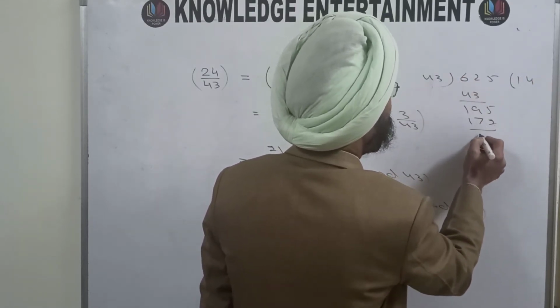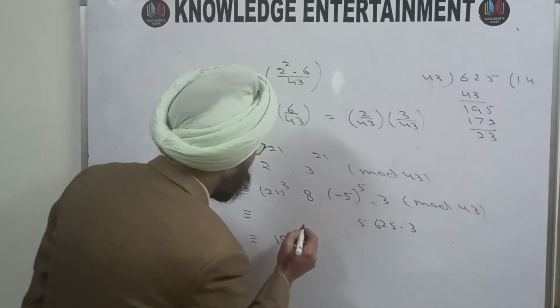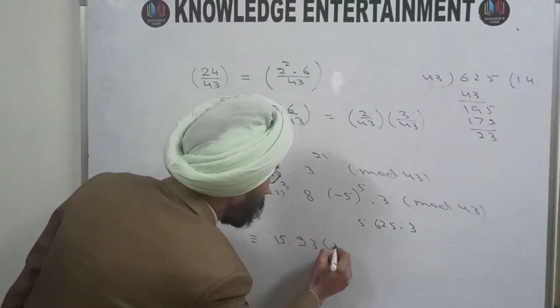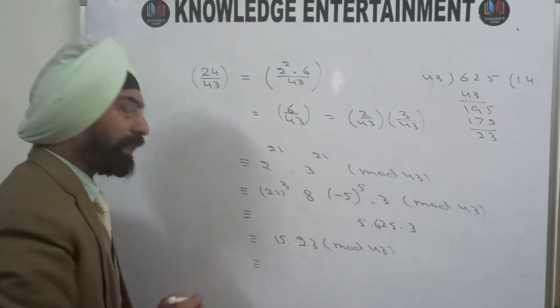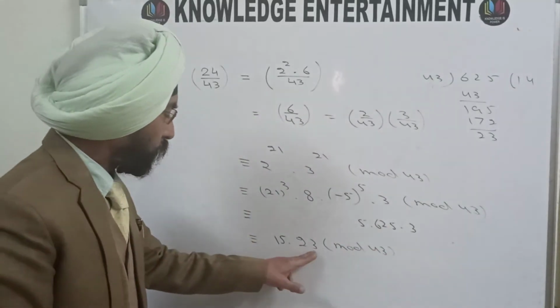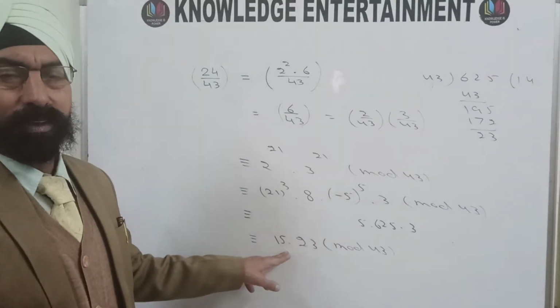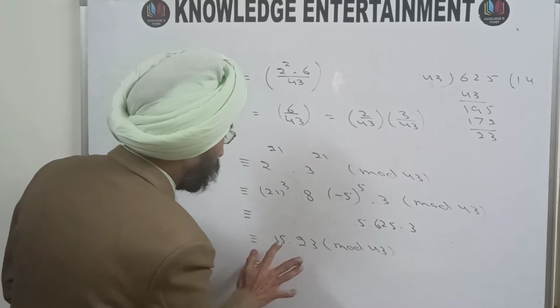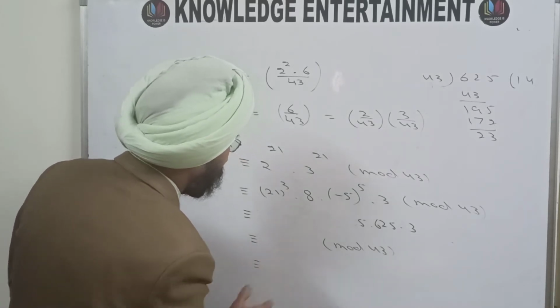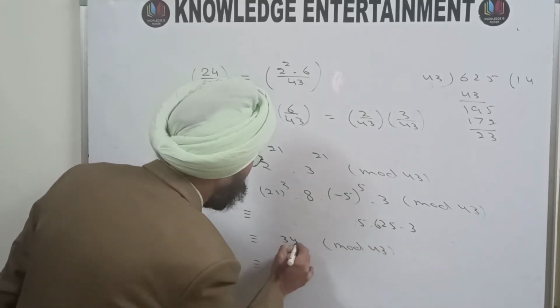So you'll get 23 here modulo 43, and it can further be simplified. 23 into 15, it is, I think, 345. Yes, it is 345.